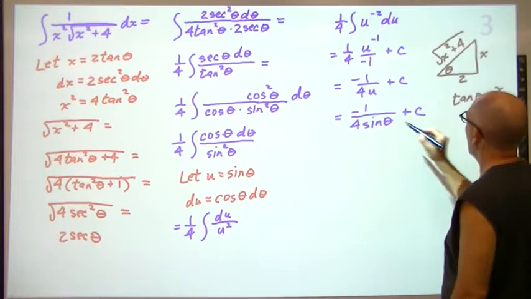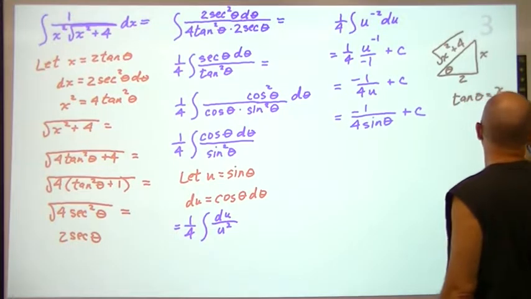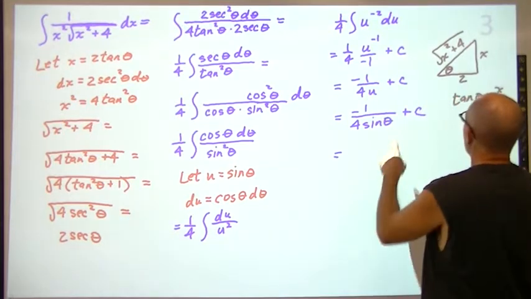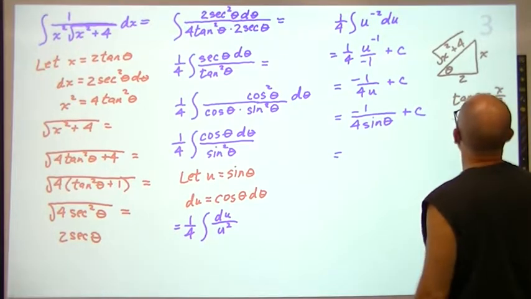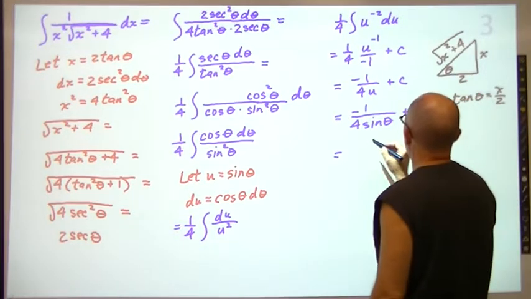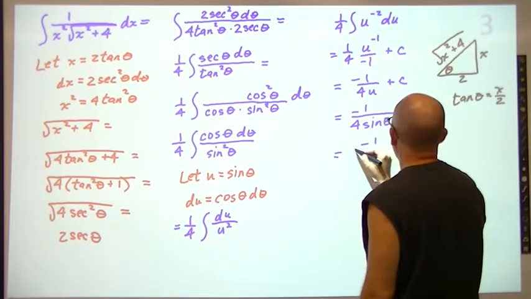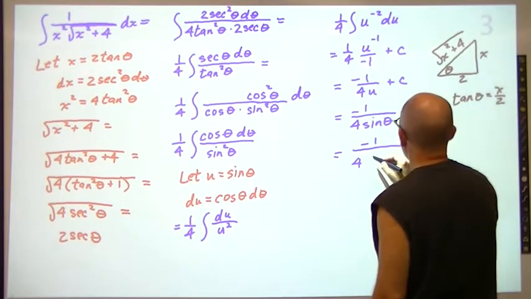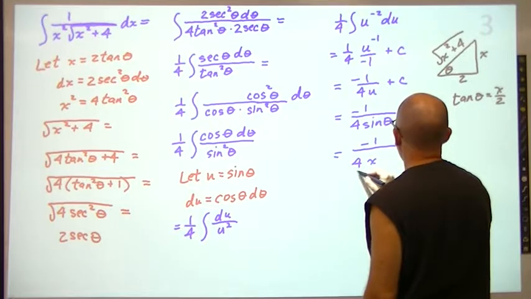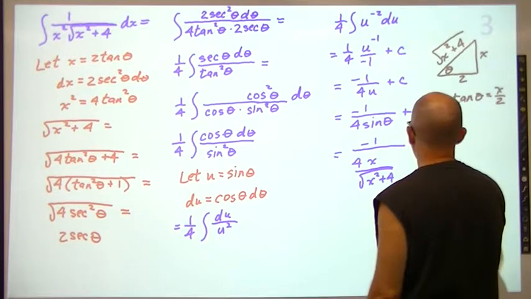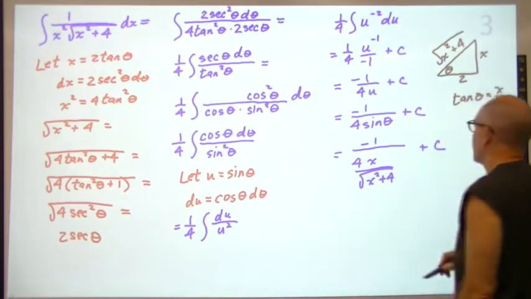Okay, now I'm ready to substitute back in the x's, and I have 4 sine theta. Well, sine theta is opposite over hypotenuse. So it's negative 1 over 4 times opposite over hypotenuse, plus c, of course.